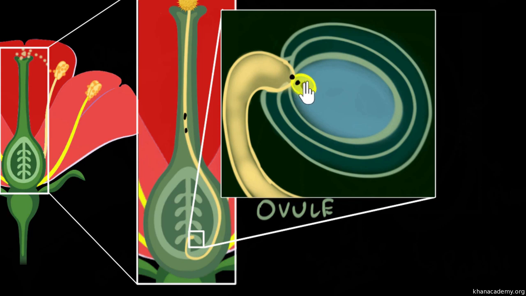So one of the sperms unites with the egg cell, and the other sperm cell, not this one, the other one, will go and unite with the 2 nuclei. Remember I showed that there are 2 nuclei over here sharing one entire cytoplasm. So that other sperm is going to unite with that.